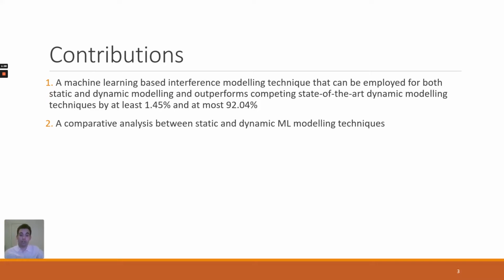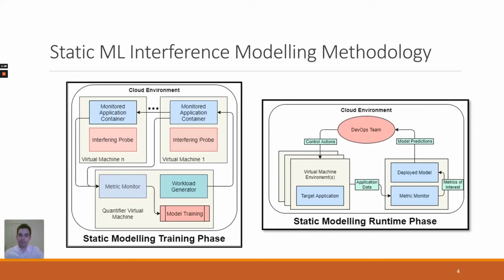Our contributions to that end are static and dynamic ML-based interference modeling techniques that generalize to unknown interfering applications at runtime, have minimal model training overhead, and outperform competing state-of-the-art modeling techniques. Furthermore, we conduct a comparative analysis between the static and dynamic ML interference modeling techniques.